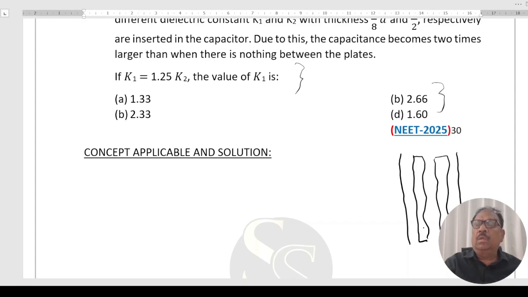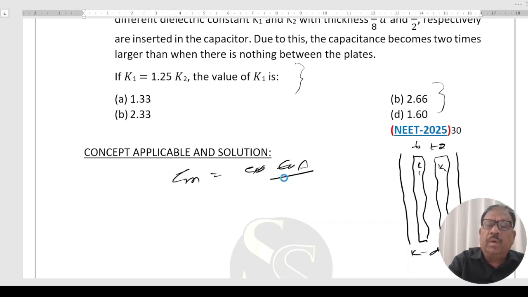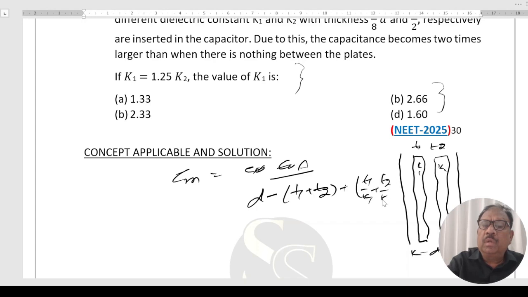The thickness of this is T1, the thickness of this is T2, with K1, K2, and air. And the capacitance with the medium is given as C equals epsilon naught A divided by D minus (T1 plus T2) plus (T1 by K1 plus T2 by K2), right?